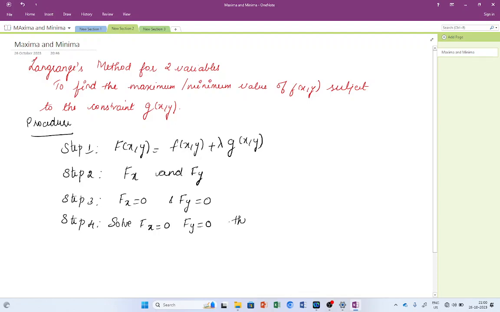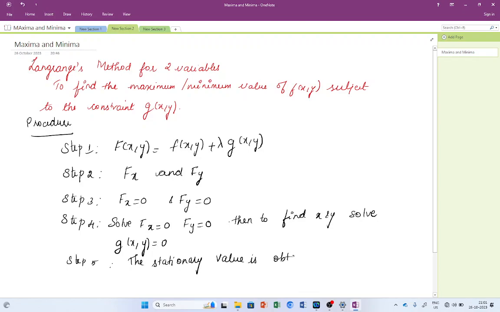Then to find x and y, you solve g(x, y) is equal to 0. Okay, and finally in step 5, the stationary value is obtained for the points (x, y).